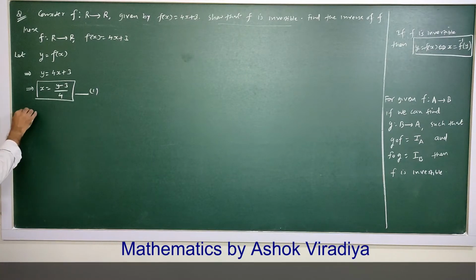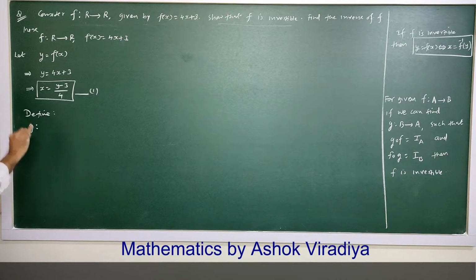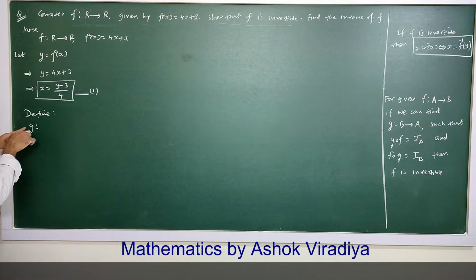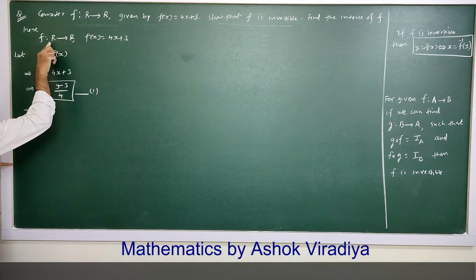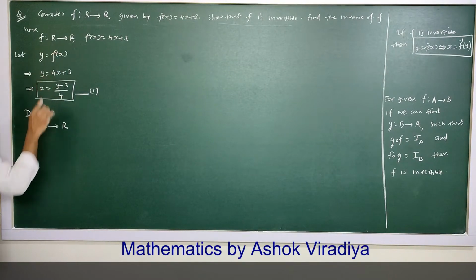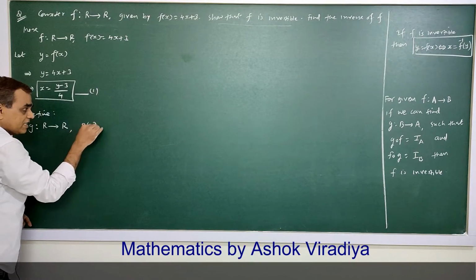Now we define a new function g. The method is, f is from A to B, so g is from B to A. Because the codomain and domain are the same, here it remains the same. For g, we are going to use the variable y.